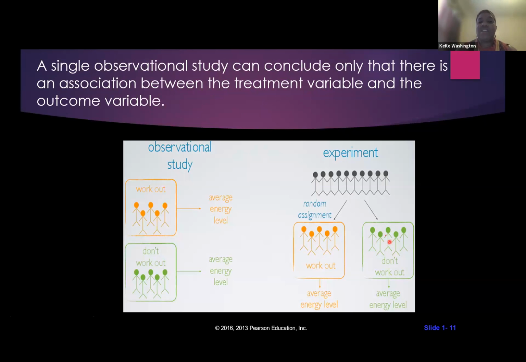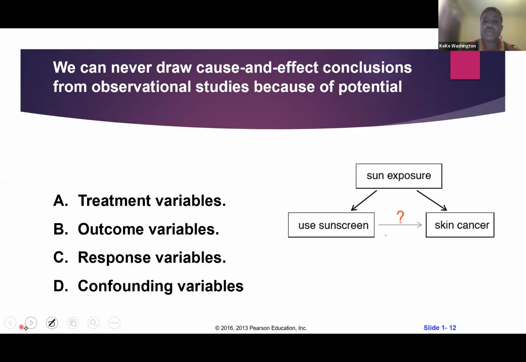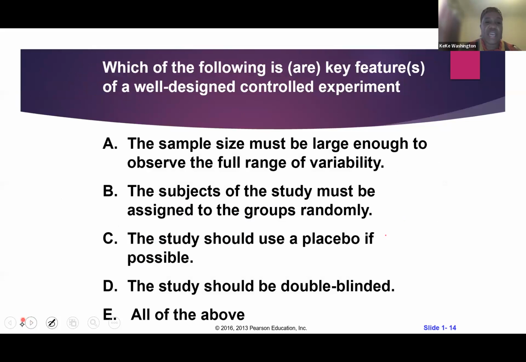The other key thing that you want to make sure that you have dealing with a controlled experiment, you want to make sure that you have a double blinding study. We already talked about random assignments, double blinding study, placebo. A double blinding study says, I'm the subject.